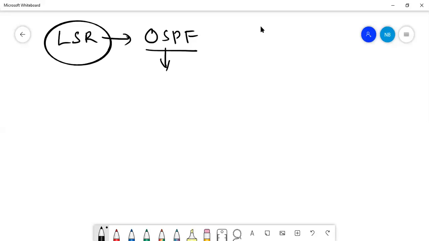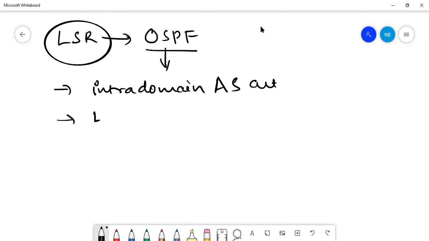And according to this, it is intra-domain. In the last class also I told you this is an intra-domain protocol. What do you mean by intra-domain? Within the autonomous system, that is AS. Based on that, it will use the link state routing approach.